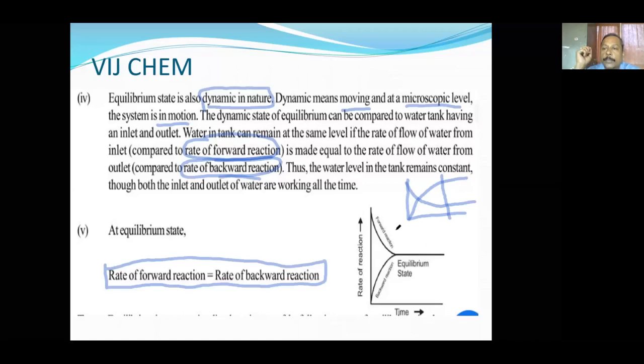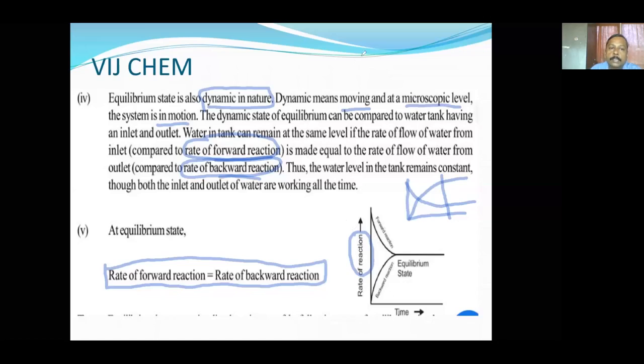At equilibrium, the concentrations of all reactants and products become constant, and may or may not be equal. Second, at equilibrium, the rates of the forward and backward reactions both become constant and equal. That is the minute difference you will find when you change the parameter on the y-axis. So this is about equilibrium in terms of the graph with respect to rate of reactions.